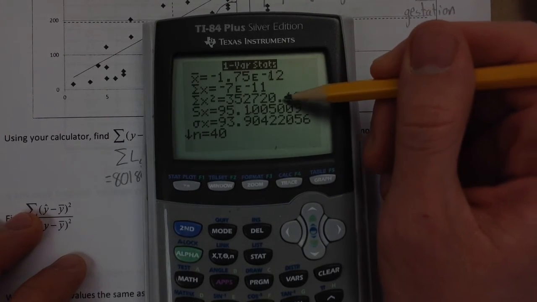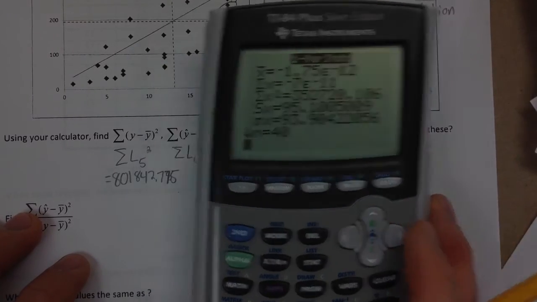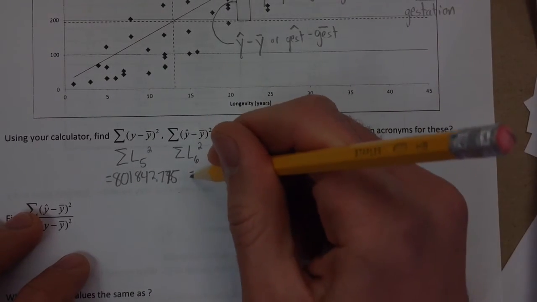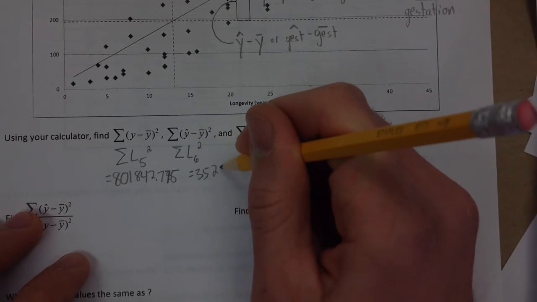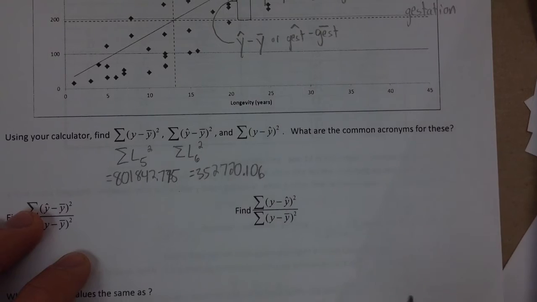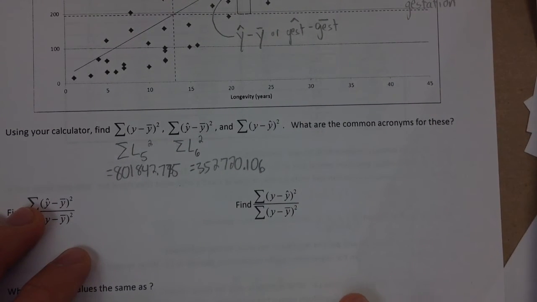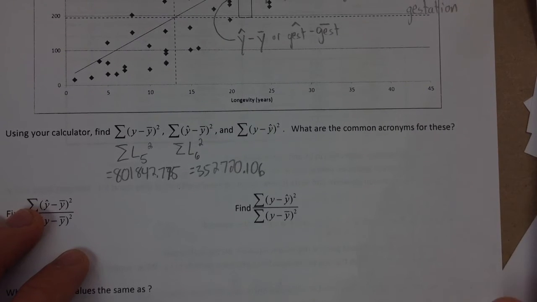I don't think that's a coincidence. This is what I'm interested in. 352,720.106. That's a measure of predicted variability using the line.